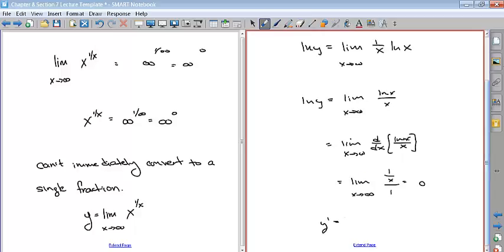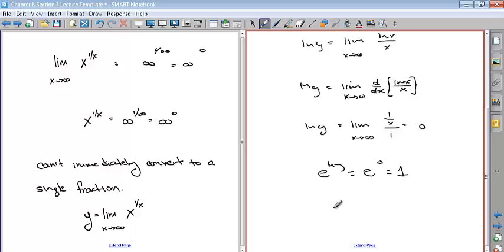What you do is you take the result, and this y is really just this limit. Since this is the natural log of y, to solve for y again, you take e to the natural log of y, and you take e to the 0, which is 1. So the original limit was 1.